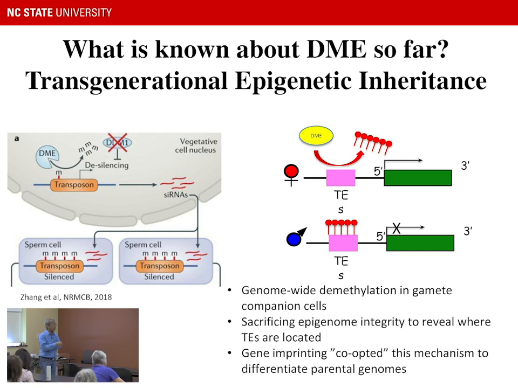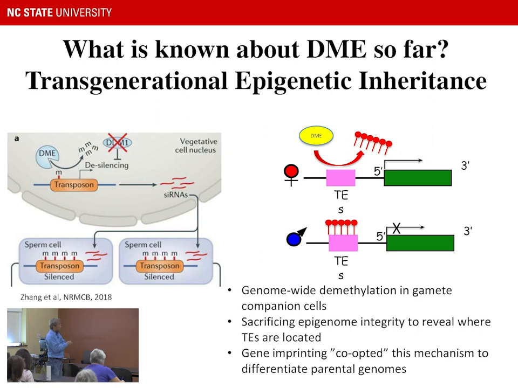Why would you want to do that? If you turn on the transposon, we know the transposon will start to jump and activate, and that compromises your epigenome integrity, right? So it's actually harmful for the cell. That's why the cell evolved all the methylation pathways, to try to silence the transposable element.